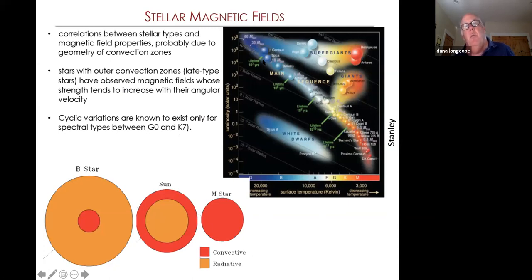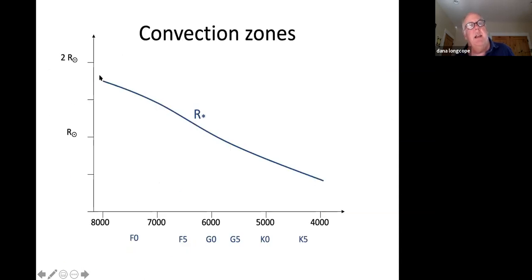And so the heaviest stars have the hottest surface temperature, and the smaller stars have the coolest surface temperature. If you plot the radius of the star versus surface temperature, it goes from here. I'm just showing F stars. I haven't gone out to the O, B, and A stars. 8,000 Kelvin all the way down to 4,000 Kelvin.